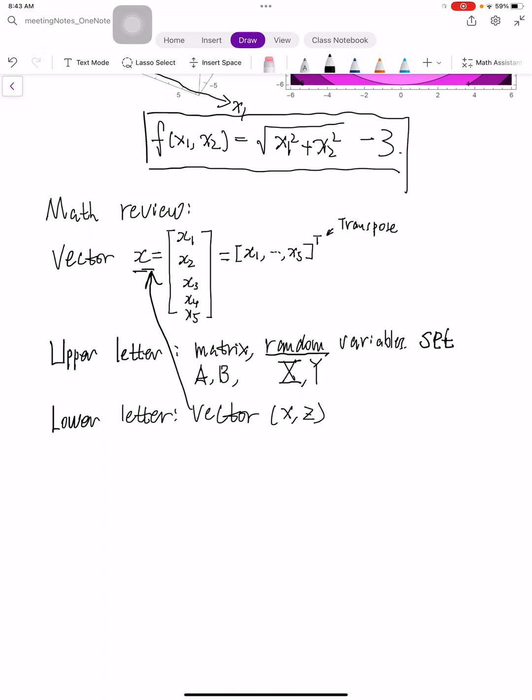We also use Greek letters too. For example, alpha, beta. These denote scalars. And there are also some commonly used letters, like n, which denotes the sample size, the number of sample points.